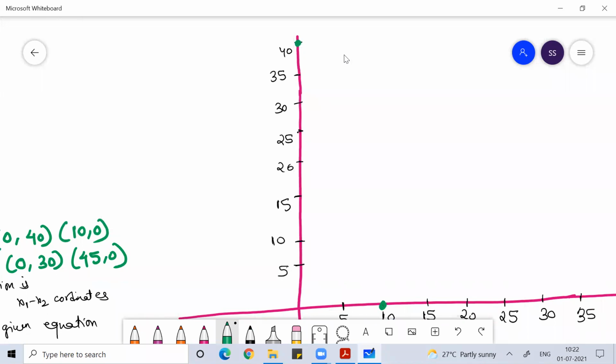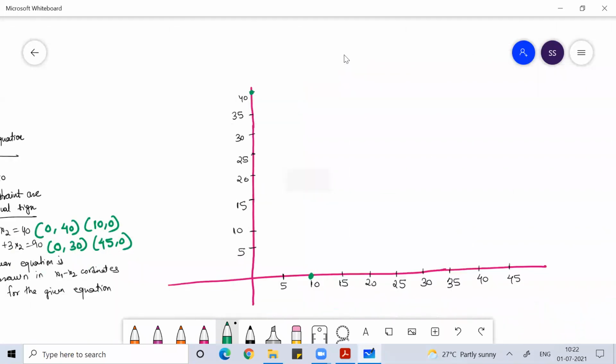So first line you can draw on 0 comma 40 and 10 comma 0.